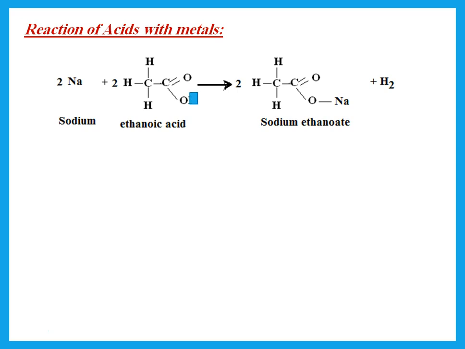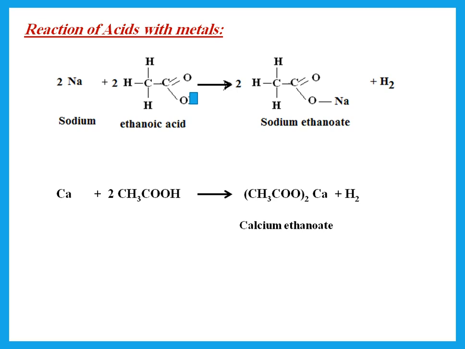Or the same, if I remember that we said we remove the H and we put the Na. Or if we put calcium with an acid, also we're removing the H of the COOH. So it had COOH, we're removing that H and we're putting calcium. Of course, calcium has a valency of 2, so I need 2 of the acid molecules.